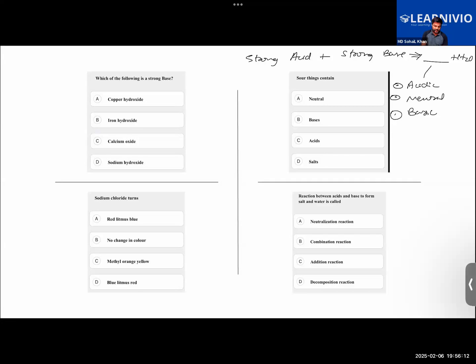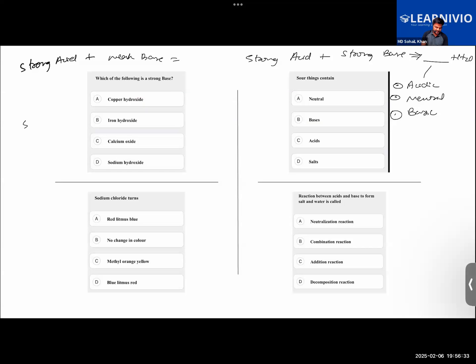Very good. Now suppose the acid is strong, but the base is weak. So the salt formed will be acidic salt. Good.